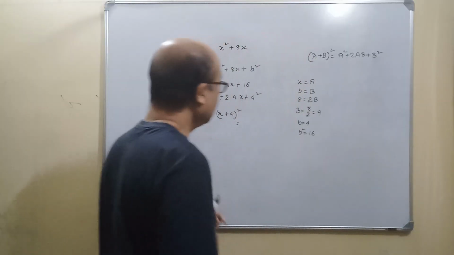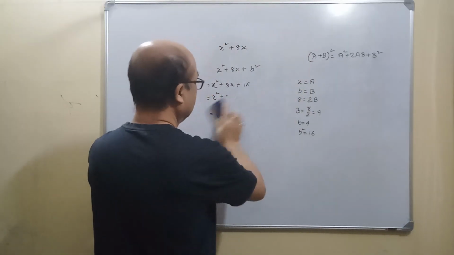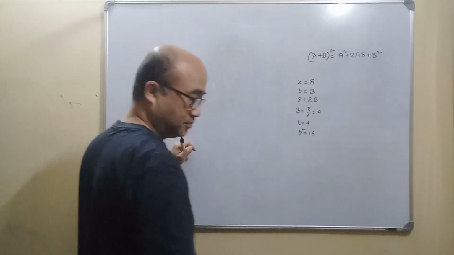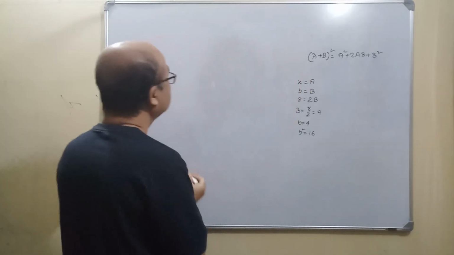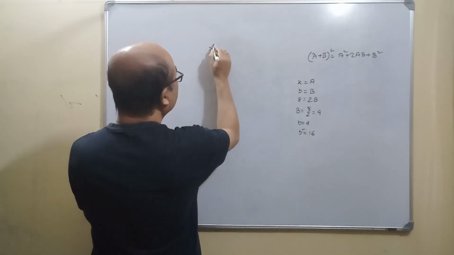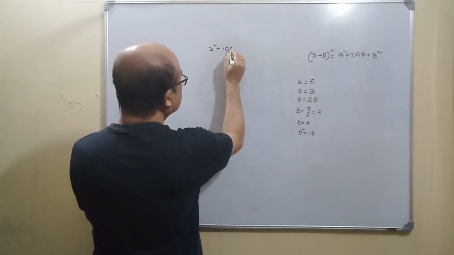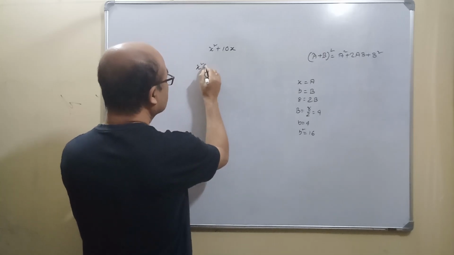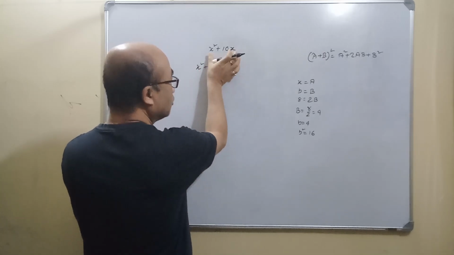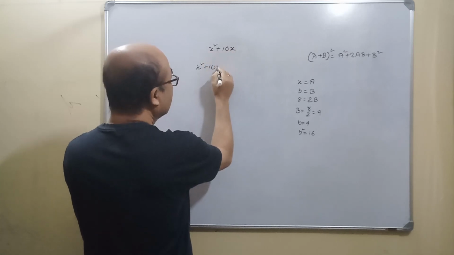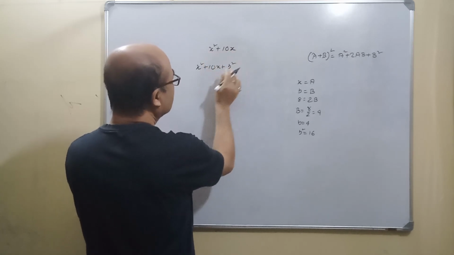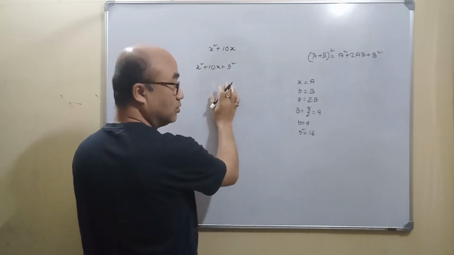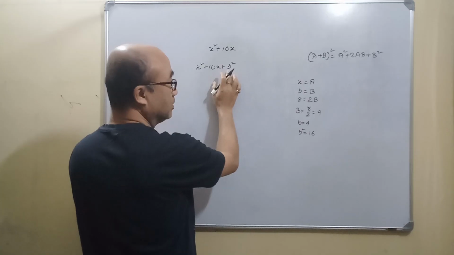Let us try with another example. x square plus 10x, suppose. Again, let us suppose we need to add b square to this expression to make it a complete square. Now we need to find out b square.